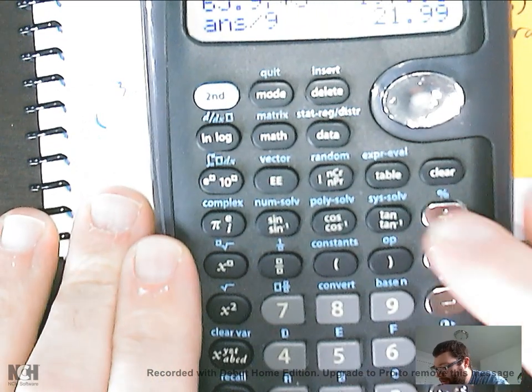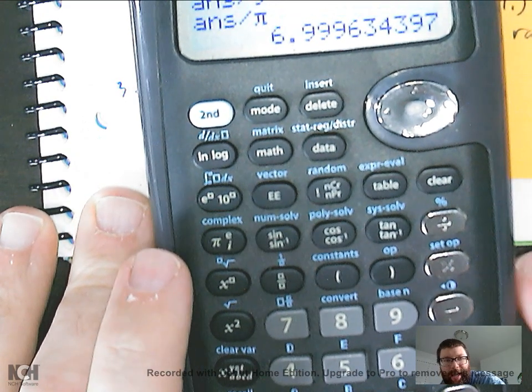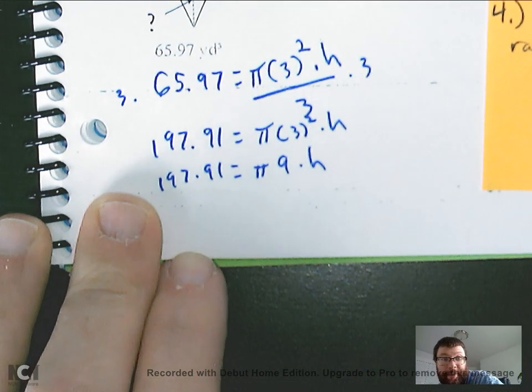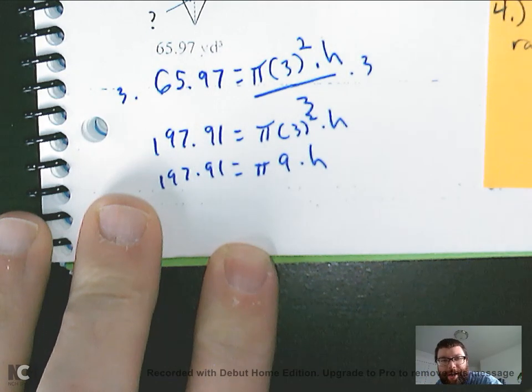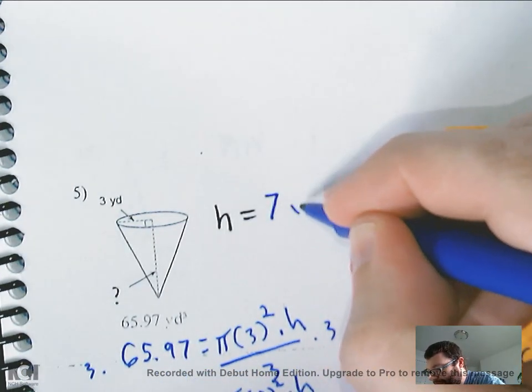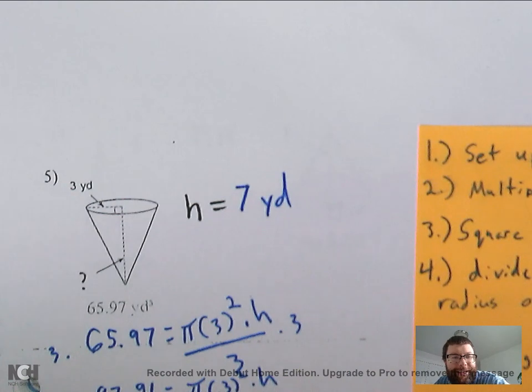Divide by 9, divide by pi. And I get 6.999. 9 means no in German, by the way. So 6.999 rounded up is just going to be 7. So 7 yards would be the height of that cone. And that's all you have to do to solve for the height. Not too tough, right?